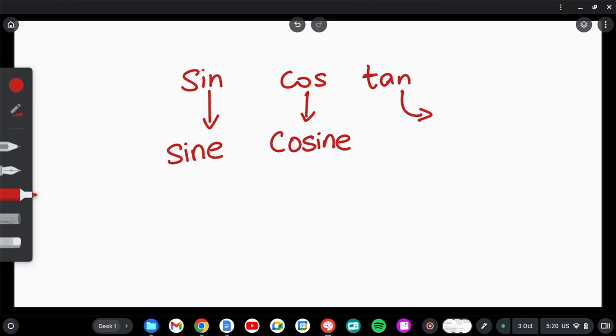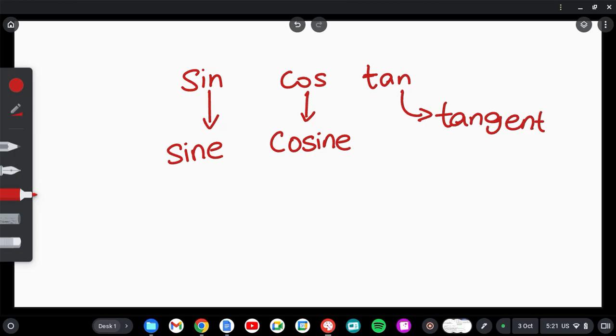Tan is just a surname. I know tan is a surname. But the tan button in mathematics on your calculator is known as tangent. Okay, tangent. Or you can be like me and say tangent.